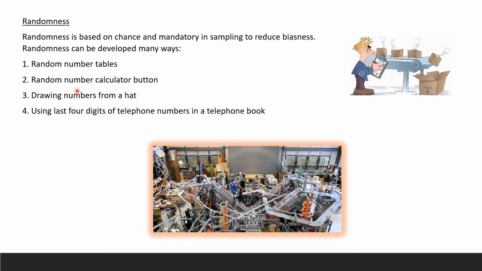The second one is a random number calculator button: you touch the calculator button, and it gives you random data. You can also draw in Excel. Drawing numbers from a hat is a manual approach. Long time ago they used the last 4 digits of telephone numbers in a telephone book. These last two are deprecated. Right now we usually use Excel to run the random data to select samples.